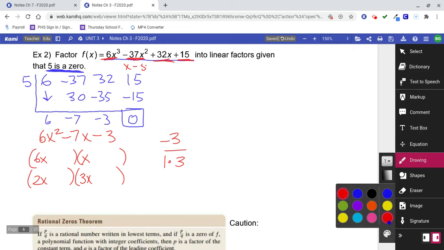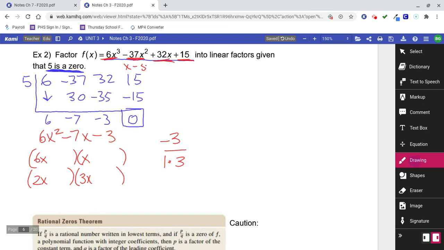And so what I'm looking at here is I'm trying to find some kind of combination of either 6 and 1 or 2 and 3, along with these numbers, that's going to make that negative 7. So let's look at this first possibility. This first possibility says I'm going to multiply one of the two numbers by 6.